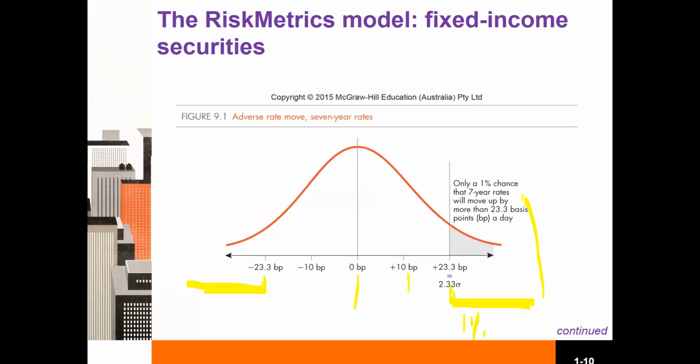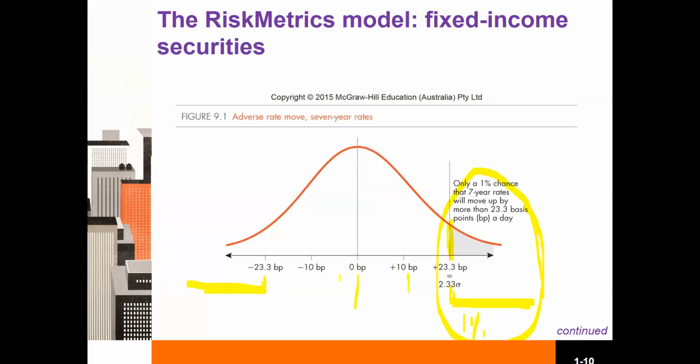Am I right? So we are only considering the higher part, because if interest rates go up, the value of the portfolio will go down. So there is a 1% chance that the 7-year bond rate will exceed this.